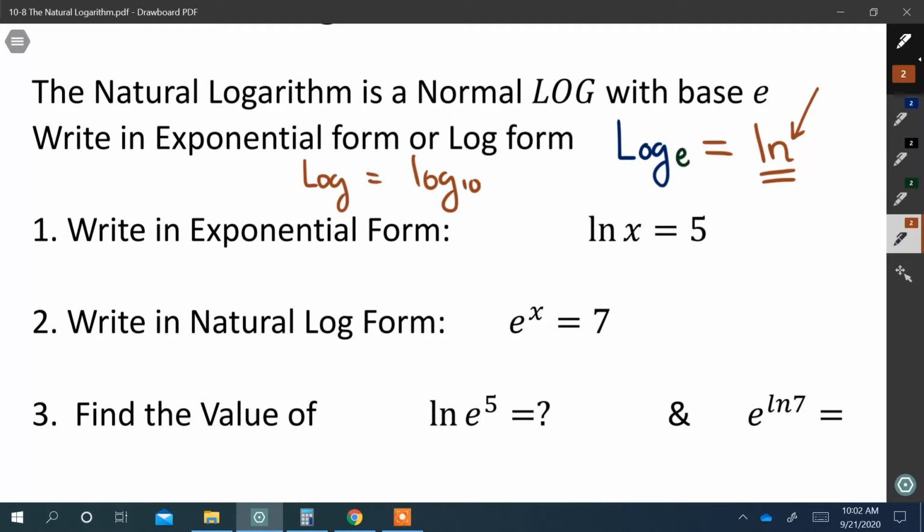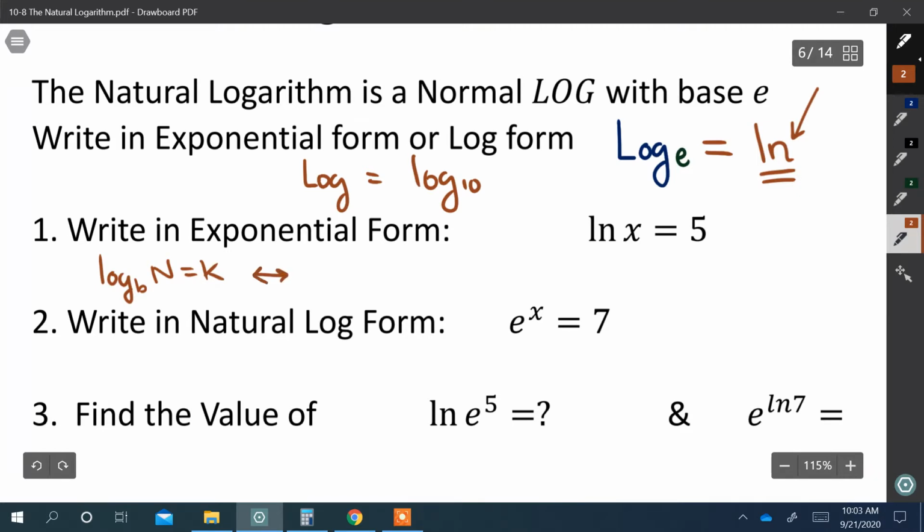All right, so for this first example, it says write in exponential form. So we have the natural log of x is equal to 5. Well, let's go back to our definition that we had before. Our definition was log base b of n is equal to k, and we knew that if we write that in exponential form, it would look like this: b to the k is equal to n.